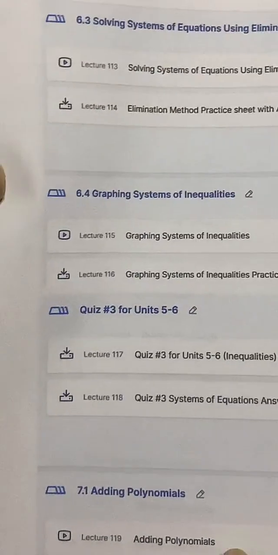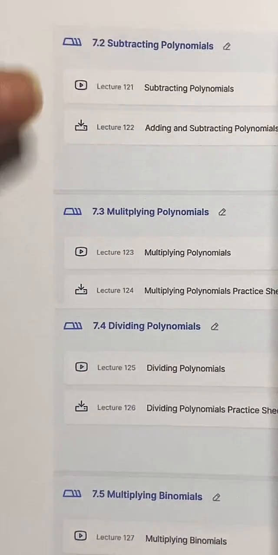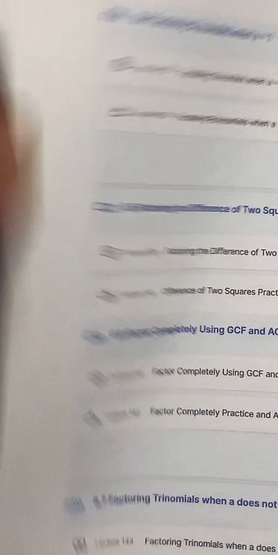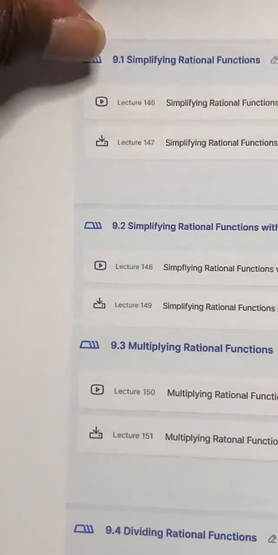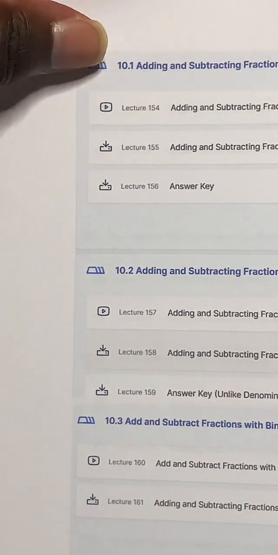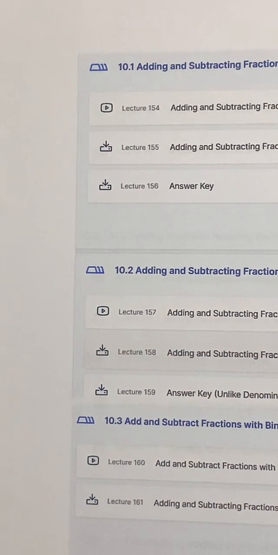But we have inequalities, system inequalities. Someone asked me about polynomials. Polynomials, multiplying, dividing, all of these. We have some fractions. We have factoring, all the factoring, the rational functions, multiplying, dividing, adding, subtracting fractions with like terms. Who asked me about fractions?